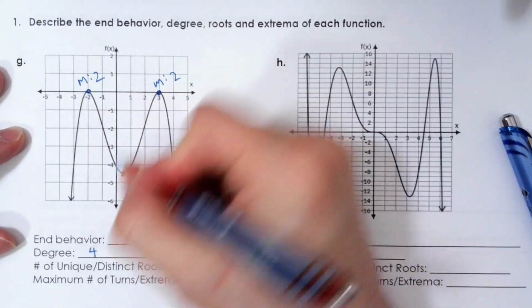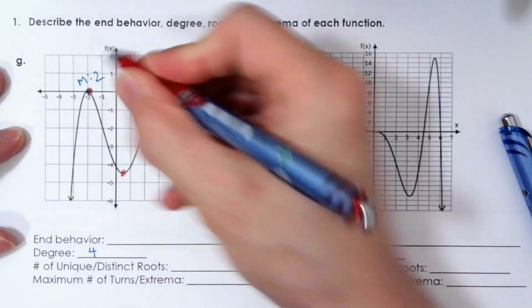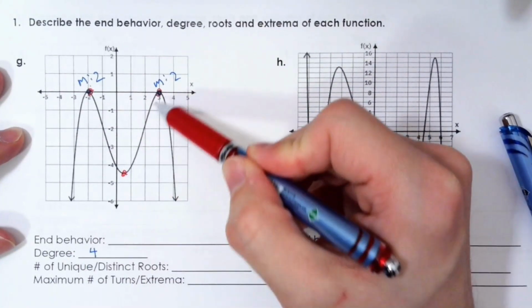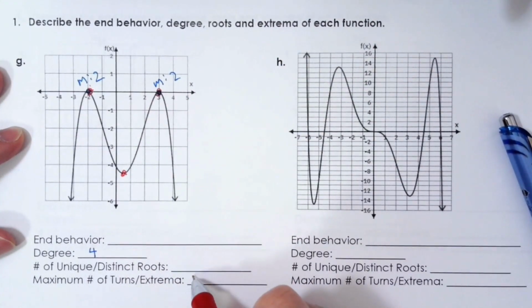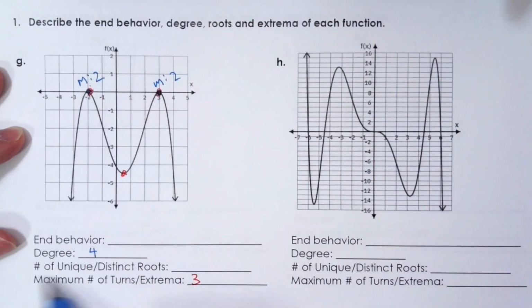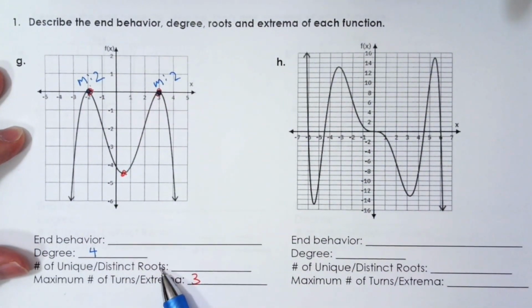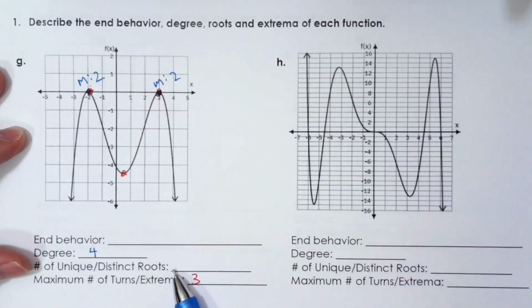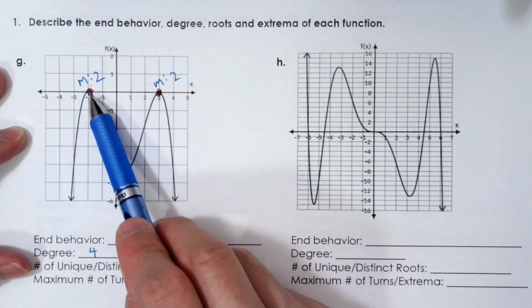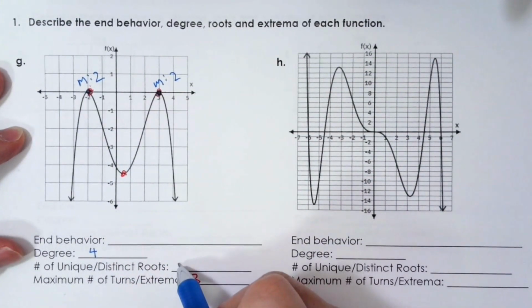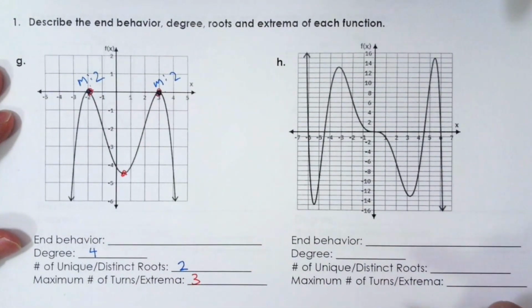You can literally count the turning points, those relative extrema, relative max, relative min, relative max. There's 3 of them. And as drawn, the number of unique or distinct roots, there are 4 roots. There are at least 4 roots, but since we have repeated roots, we might talk about there just being 2 unique or distinct roots.